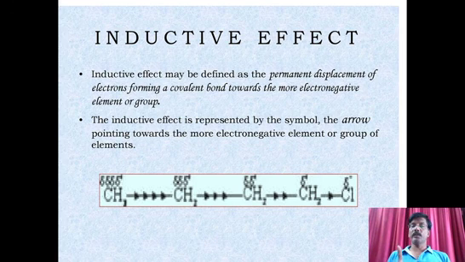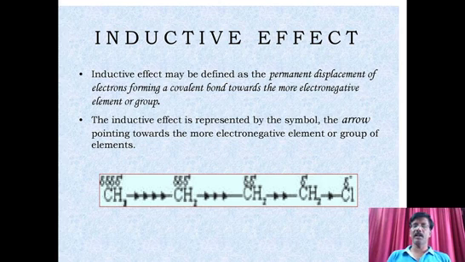So the inductive effect is very strong on the first carbon, and it becomes weak when it goes to the second, and still weaker when it goes to the third, and totally weak, almost negligible, when it goes to the fourth or fifth. So to the maximum extent, we can extend this up to the third element.